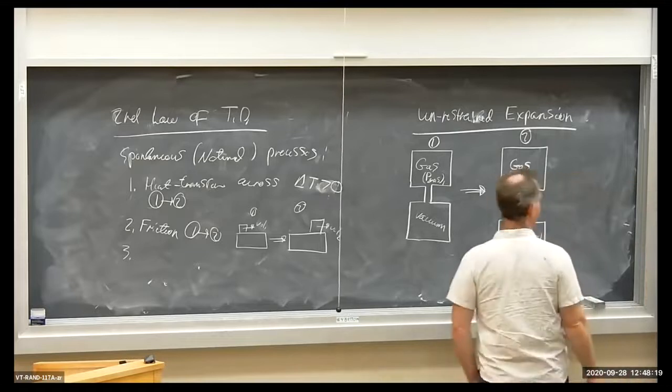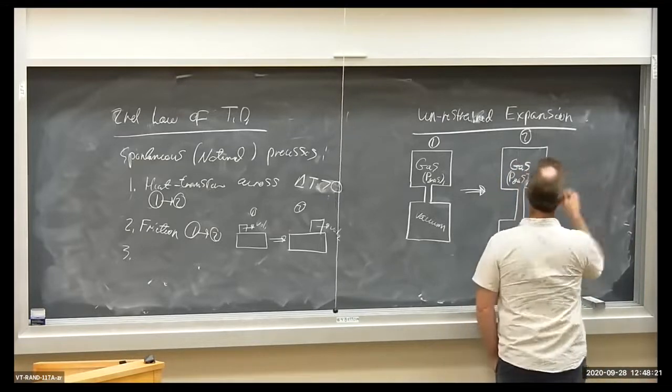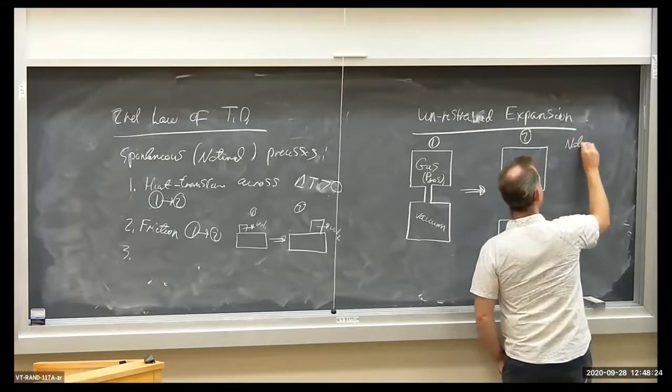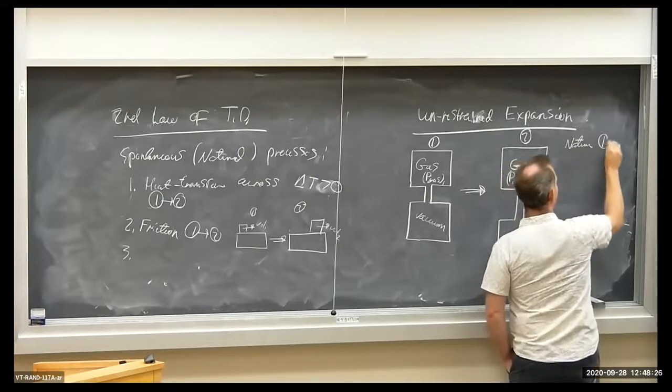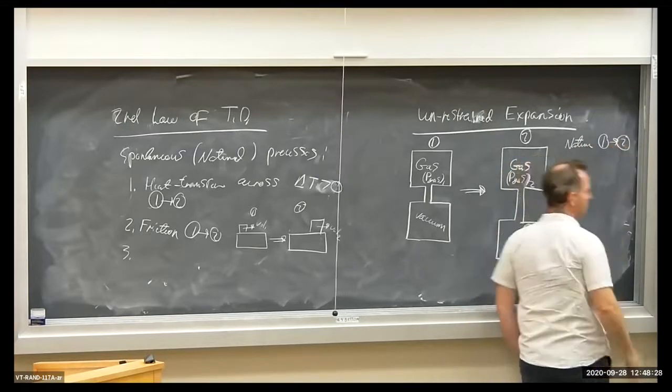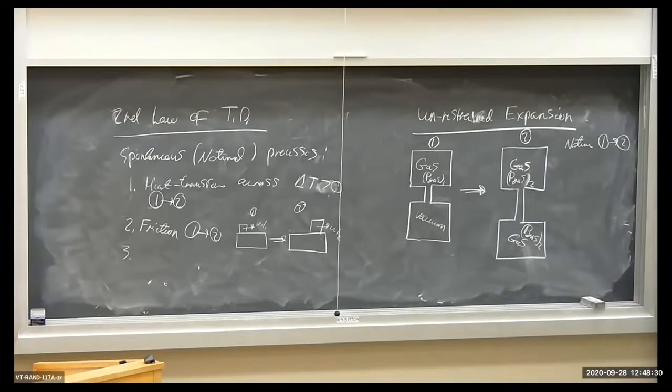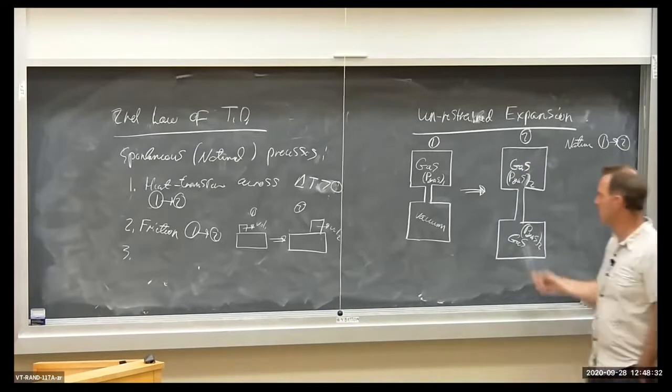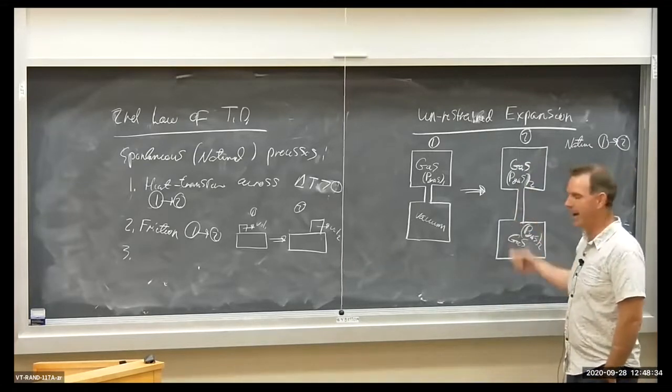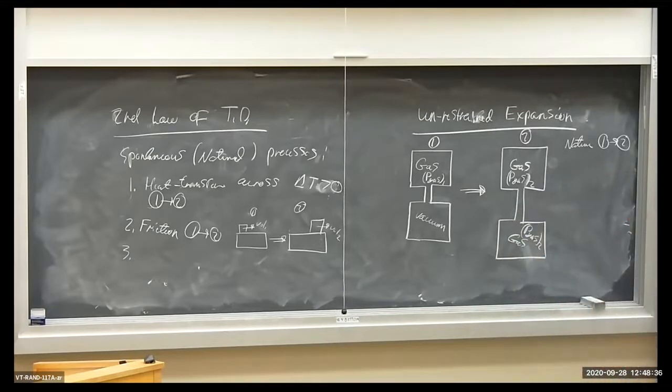So in nature, this process always goes from 1 to 2. So in nature, we always see this situation occur from state 1 to state 2. We never see a gas or some kind of material, could be a liquid, I suppose, too.